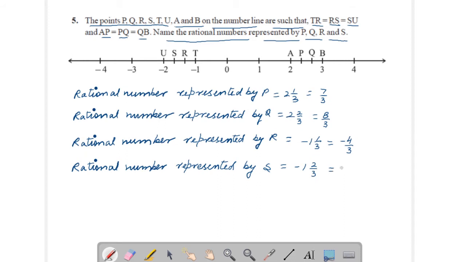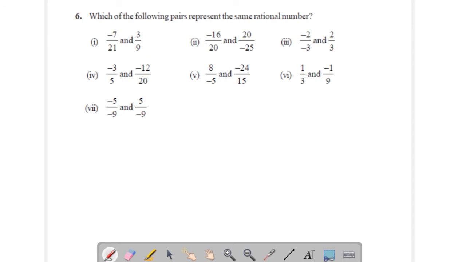Convert it into an improper fraction, it will be minus 1 times 3 is 3, plus 2, 5 upon 3. This is your answer.